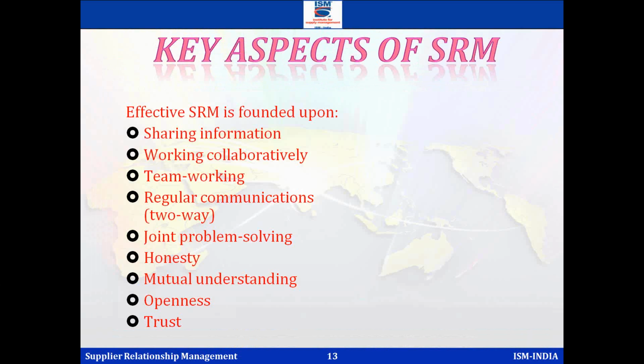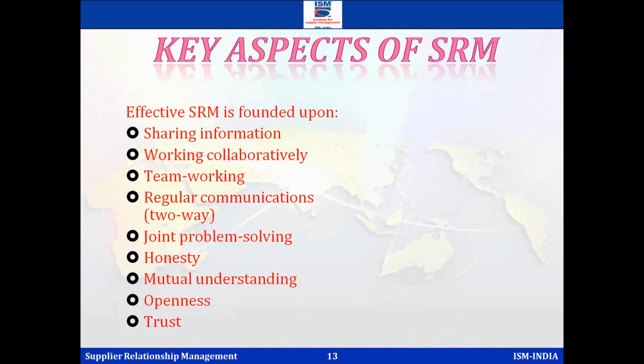Now, the key aspects of supplier relationship management: sharing of information, because now you're partners working together. Their value is your value, their benefit is your benefit. It's all a mirror image. So there is sharing of information, collaborative teamwork, and regular communication between the two parties. Sometimes we connect suppliers through ERP too, so our systems are connected.